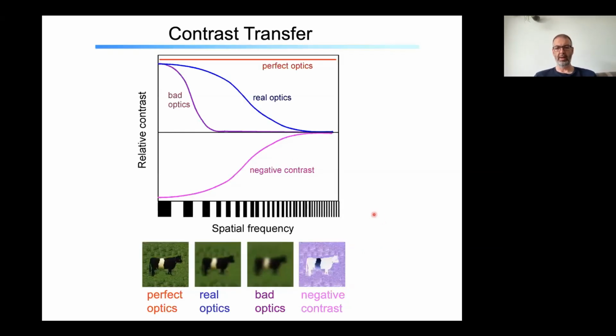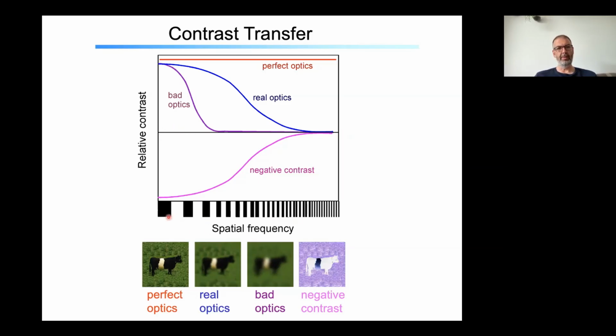Okay, let's start off with the first slide. This is just looking at contrast transfer. This is again one of Helen's favourite pictures. So we've got our cow down here. If we look at the contrast transfer as a kind of 2D plot, we have relative contrast on the y-axis, and spatial frequency on the x-axis.